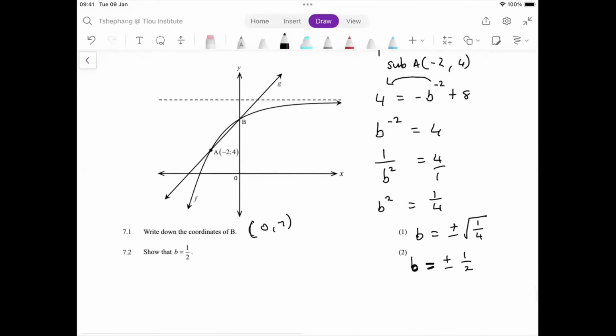Okay, then they said show that b is 1 over 2. We can simply conclude that b is the positive 1 over 2.